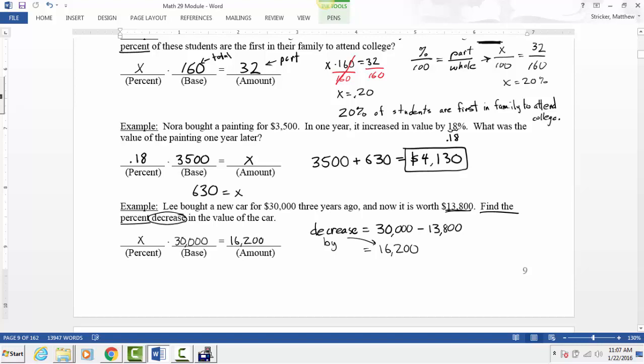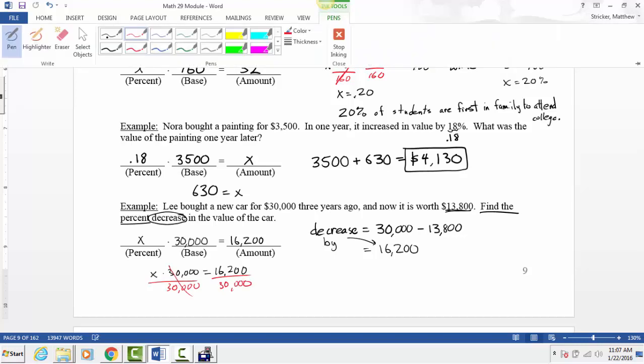And so when we solve, we just take our x times 30,000 equals 16,200. And we know what to do here. We just divide both sides by 30,000. That cancels.